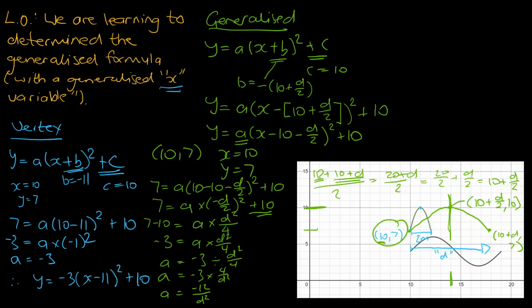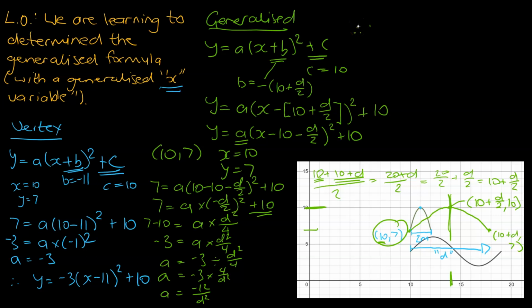So even though that's not an exact mathematical number, it's a generalized number that we're happy with because it's with reference to d, which is the total width or distance of the parabola that we are looking for. So we can then finish up in the top left corner. We'll be able to write down our generalized formula that pulls in a, b, and c with reference to d, the total distance.